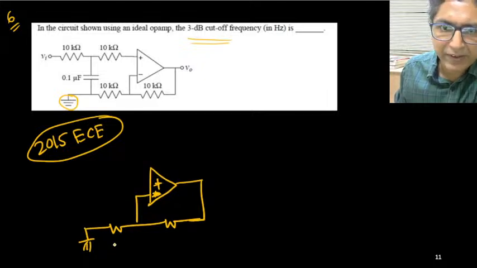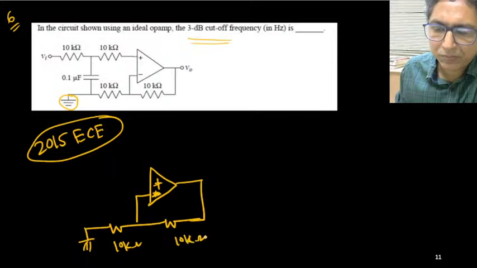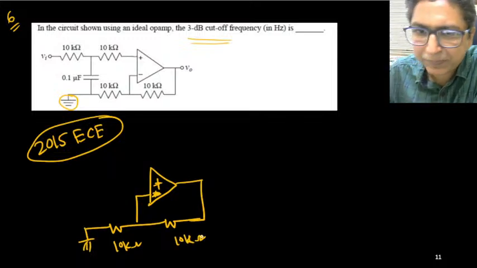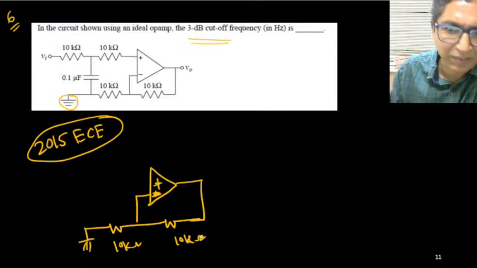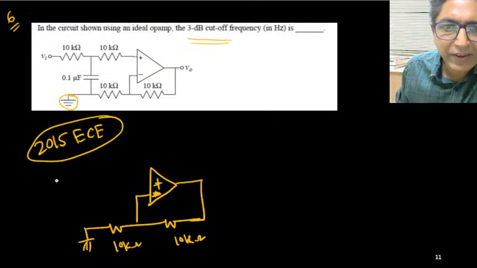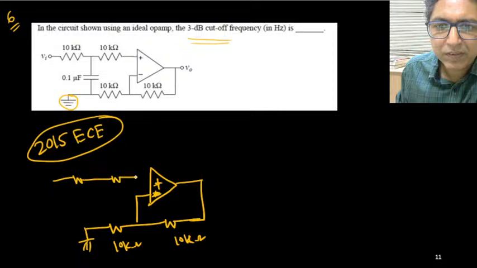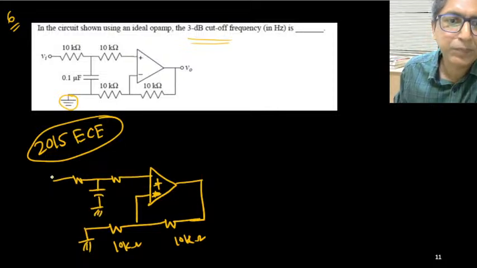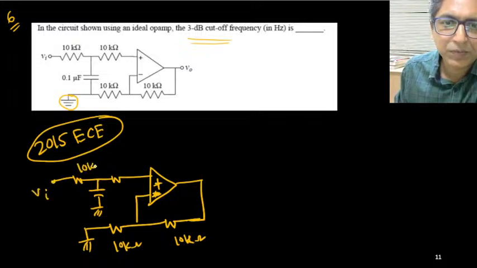So negative feedback is given by this network, 10K 10K. So the circuit is stable. Now on this side I have one capacitor, it is grounded. Can I consider it in this way? This is 10K. This is also 10K. This is your 0.1 microfarad.